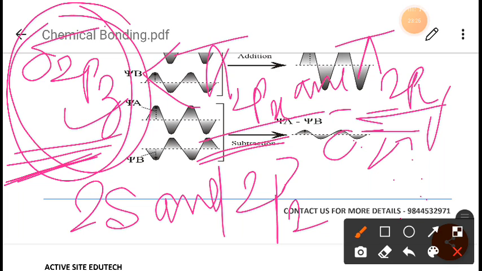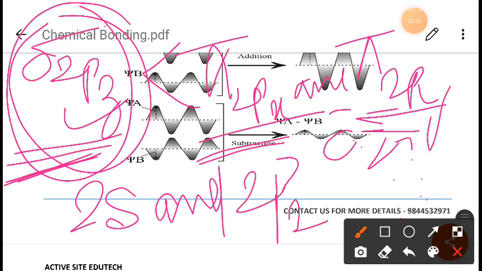Now, if you are taking the case of lithium, beryllium, boron, carbon, nitrogen, in this case the 2s and 2pz orbitals can interact due to the low energy difference between them. The mixing of these 2s and 2pz atomic orbitals tends to destabilize the resulting 2pz molecular orbital.